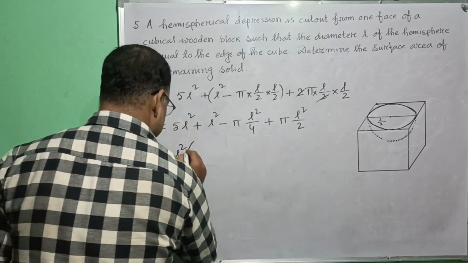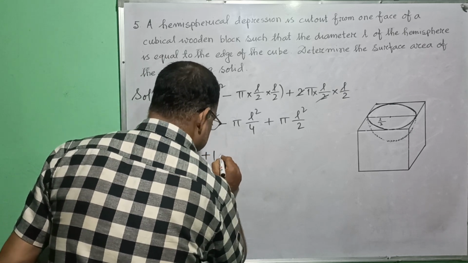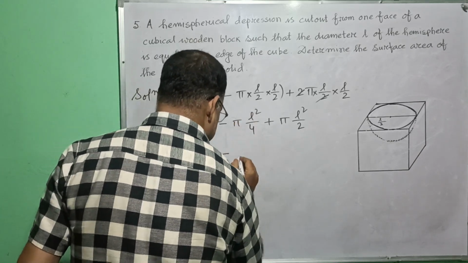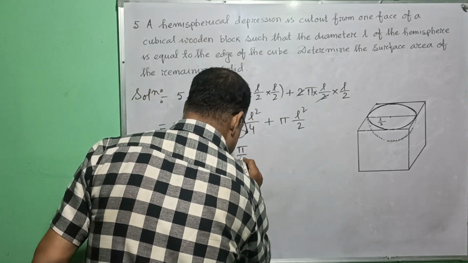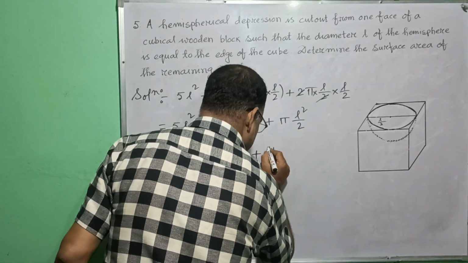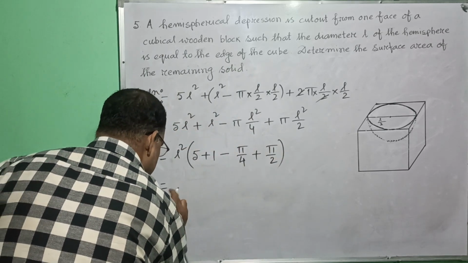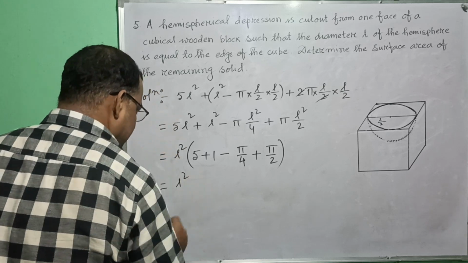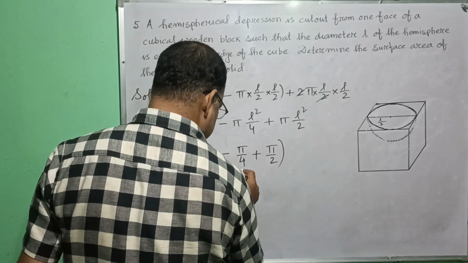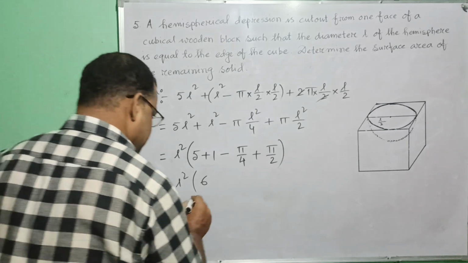So what will be left here? There will be 5 plus 1, then minus pi by 4 plus pi by 2. This is now equal to L square into 5 plus 1, we can write 6, and then minus pi by 4 plus pi by 2 equals plus pi by 4.